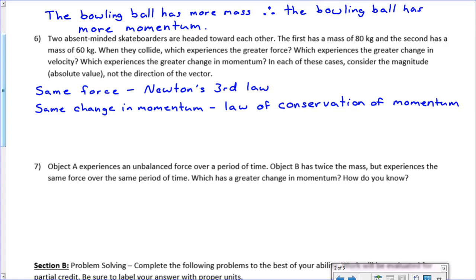In this last case, though, with the velocity, the smaller boy has a larger change in velocity. So the 60 kilogram skateboarder experiences the larger change in velocity.